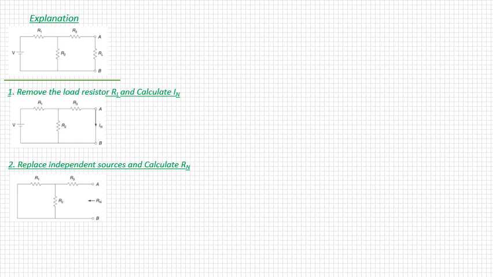From this circuit, RN is equal to R1 and R2 in parallel, and that in series with R3. So the Norton resistance will be equal to R1 into R2 divided by R1 plus R2, plus R3.